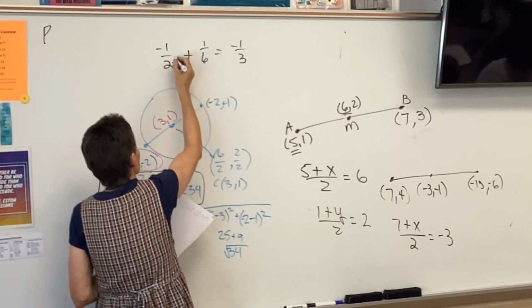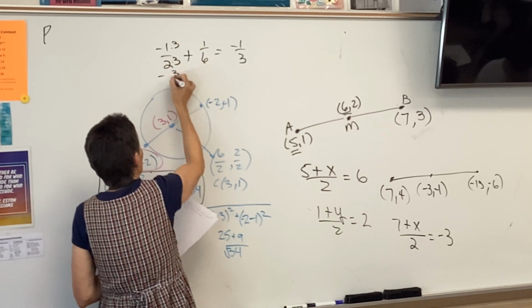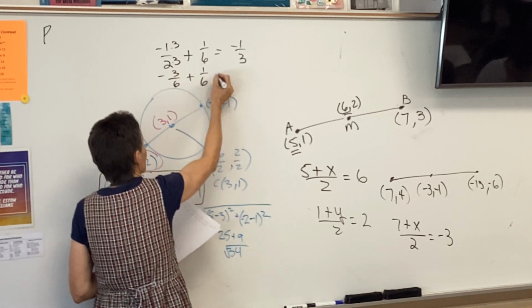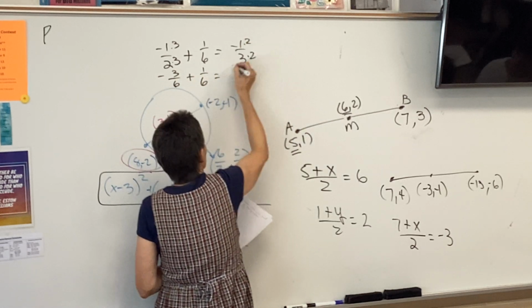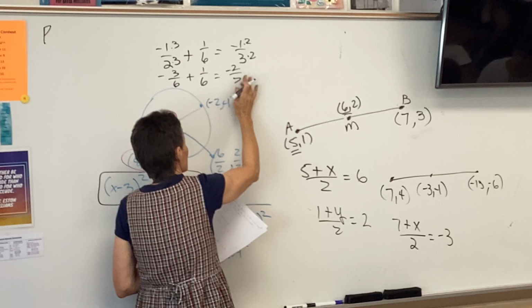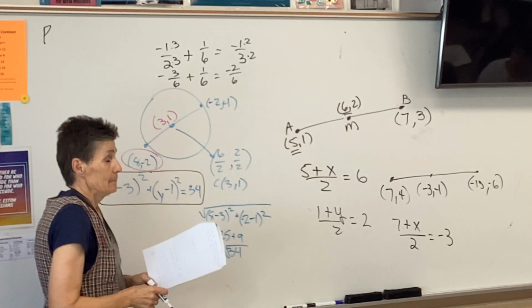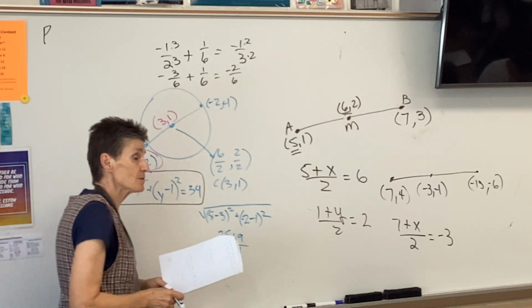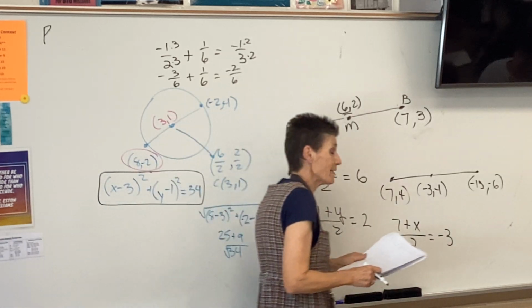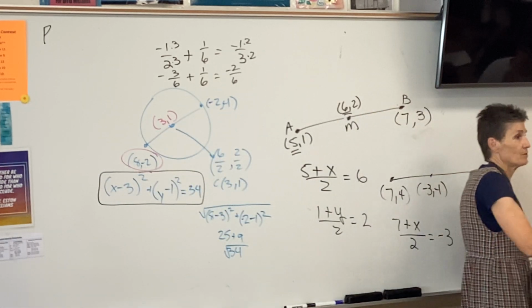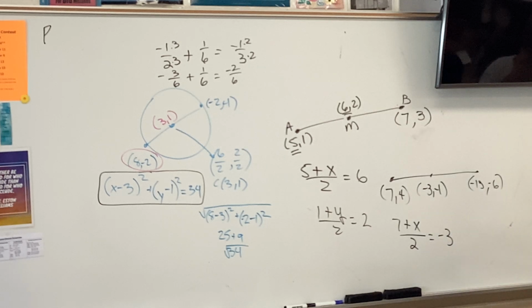So let's see. -3/6 plus 1/6 equals -2/6. Is that true? Yeah, it is. What else could you do if you wanted to? Could you solve that equation and see if you got -1 as an answer? That would be another option.